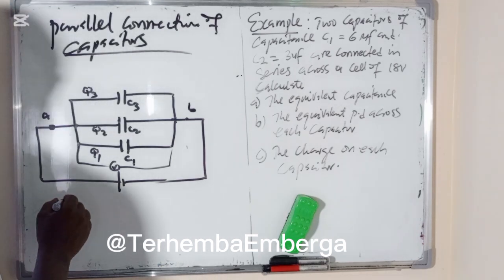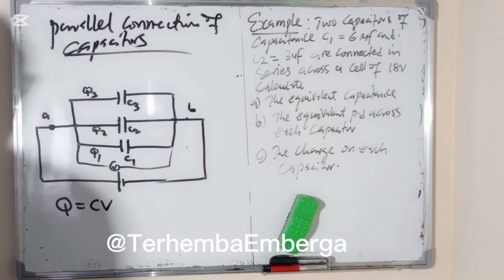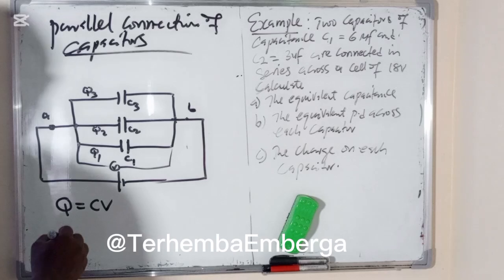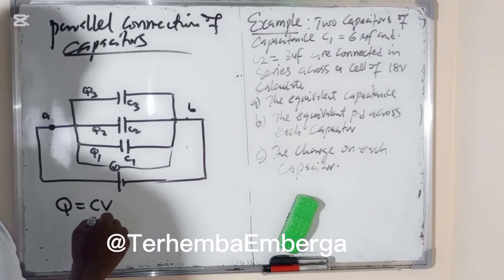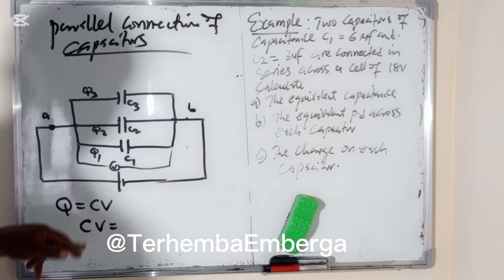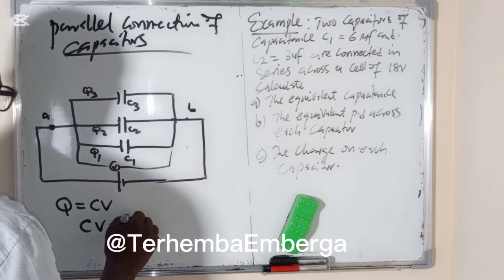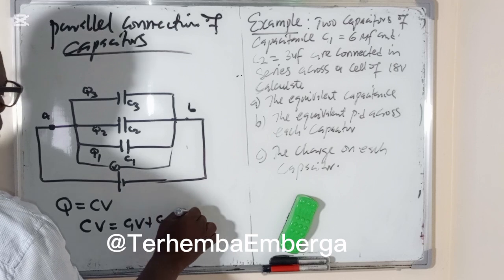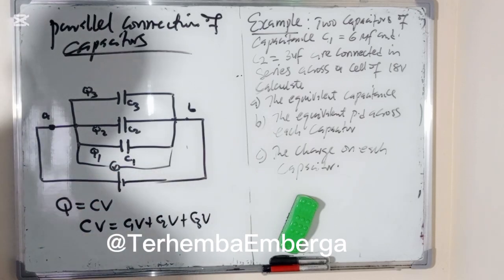So from here we know that Q is equal to CV, and we say that CV is equal to C1 V plus C2 V plus C3 V, because the voltage, or the potential difference, is common.